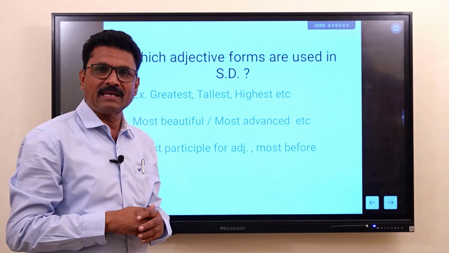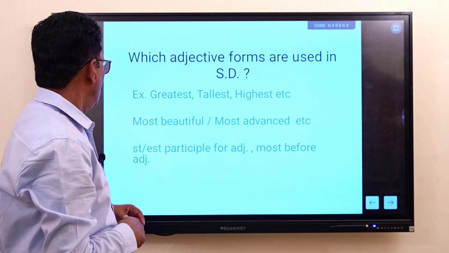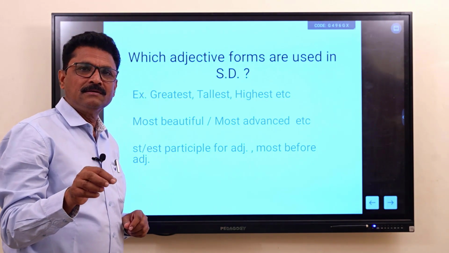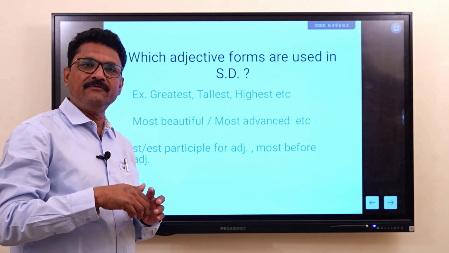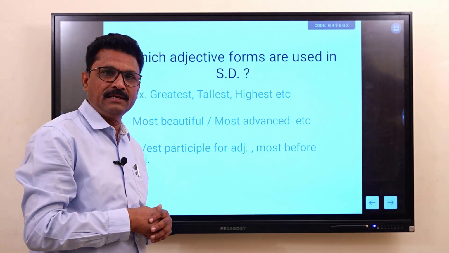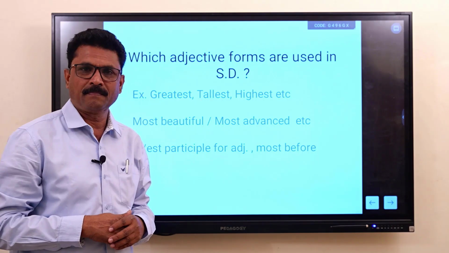Which adjectives are used in a superlative degree? Look here, in positive degree we use the root adjective, and in comparative degree we add the er participle, and in superlative degree we add the st or est participle.